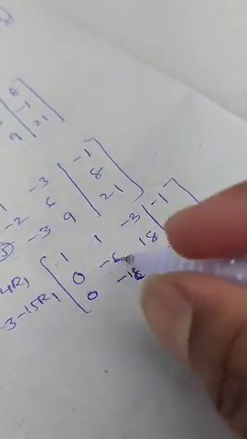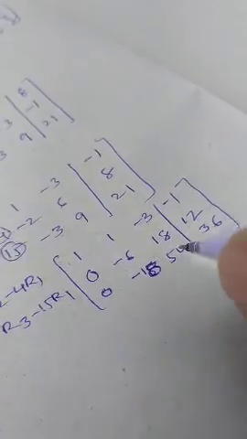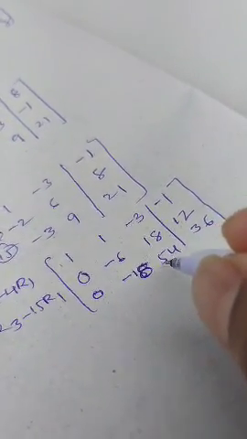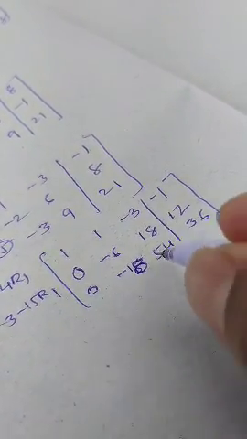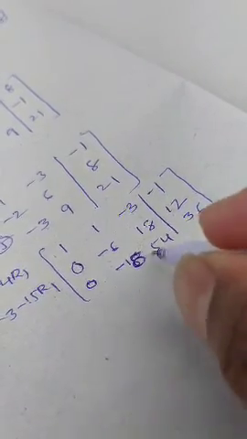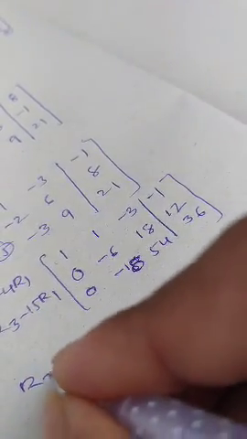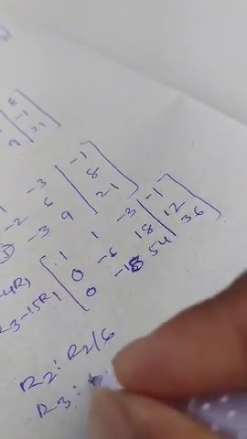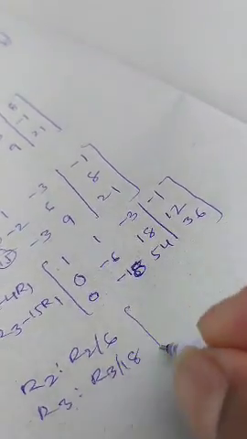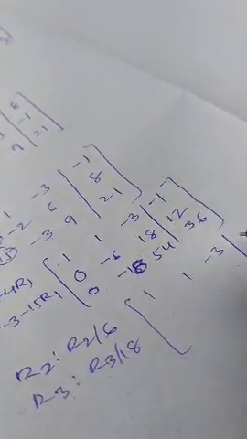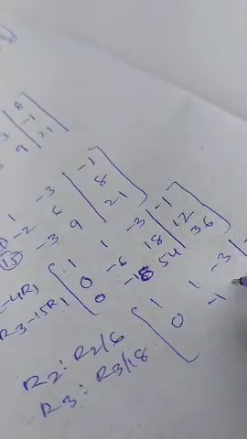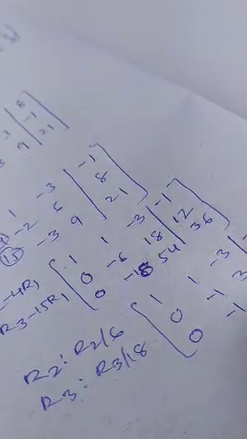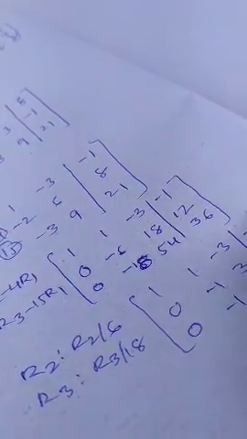Okay, these are multiples of 6, and here these are multiples of 18. So I will reduce the values: R2 by 6, R3 by 18. 1 minus 3 minus 1, 0 minus 1 3 2, 0 minus 1 3 2.